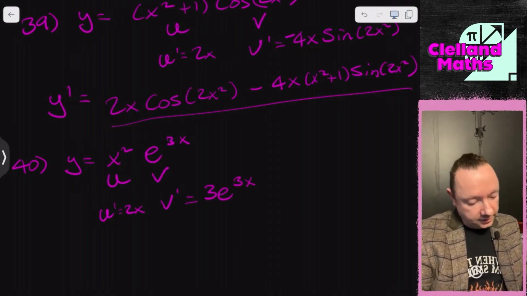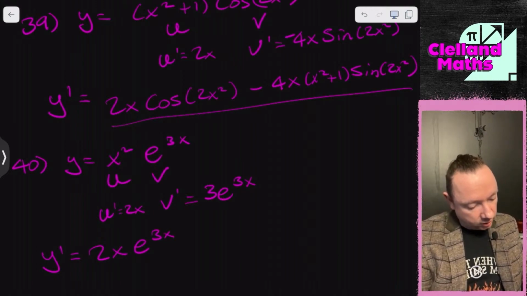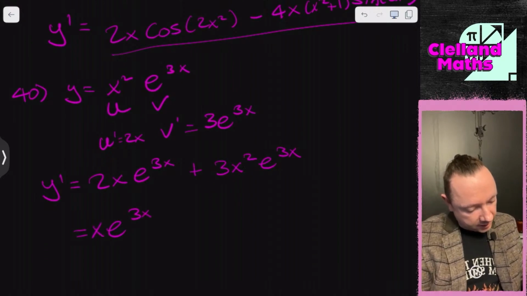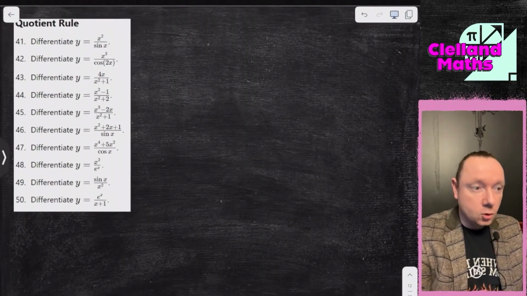So we've got 2x e to the 3x plus uv dash, which is x squared times 3 e to the 3x. And in this case, I will take a common factor out because e to the 3x is a nice common factor, and so is x, leaving just 2 plus 3x in the bracket, or 3x plus 2. So that's nice.